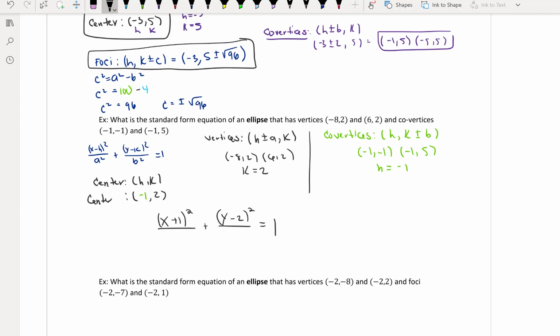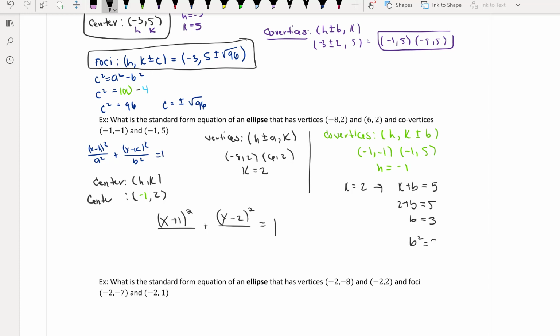I know that I'm going to have that 2, since that's my k value. Since k is equal to 2, then k plus b is equal to a positive 5. Okay? So 2 plus b is equal to 5. So b is equal to 3.